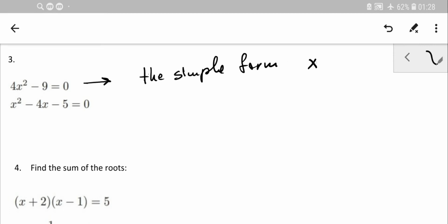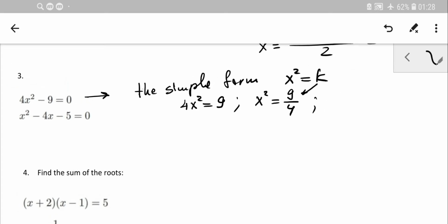Just remember when x squared equals k, right? So make sure you remember that. What I'm going to do is say that 4x squared equals 9, from where x squared is simply 9 over 4. That's your k value. And then, do you remember how to solve?